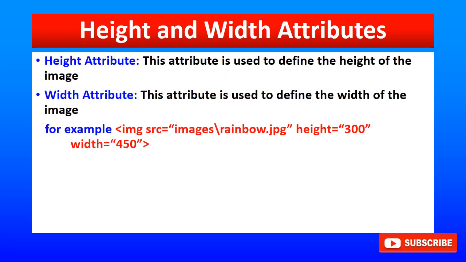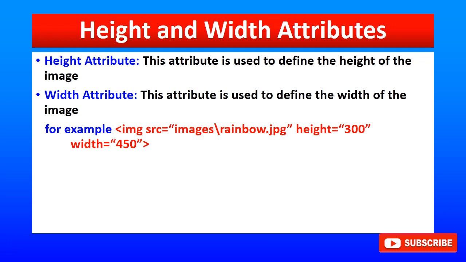The next two attributes are height and width. Now in the last web page which we had created and inserted the images of rainbows and penguins, right? In that we had seen that one of the images of the rainbow was small and another was too big, and the penguin was of medium size.